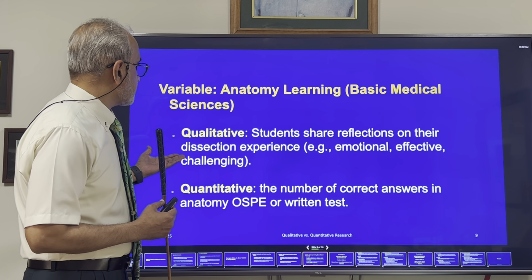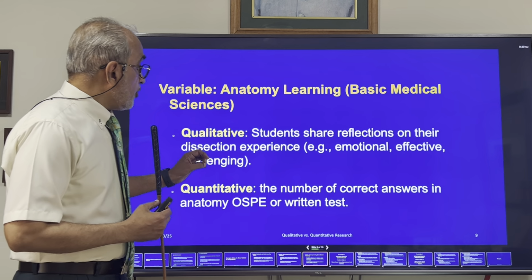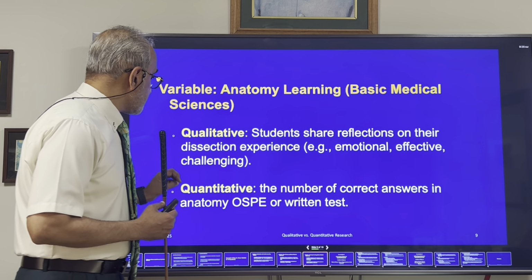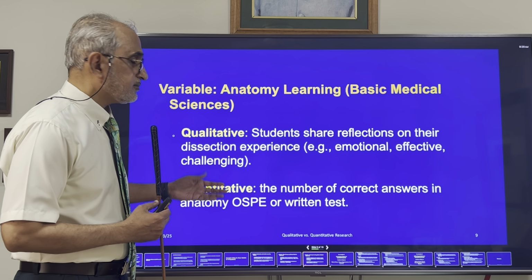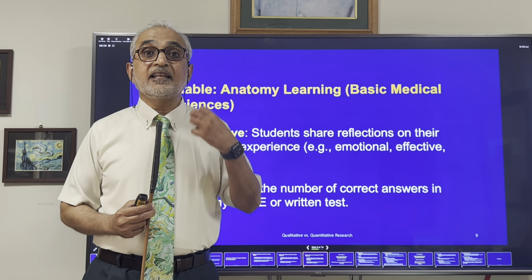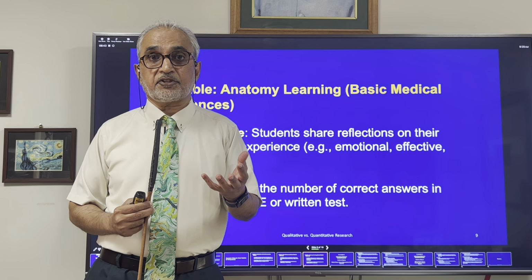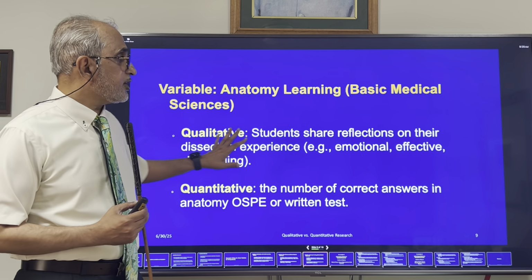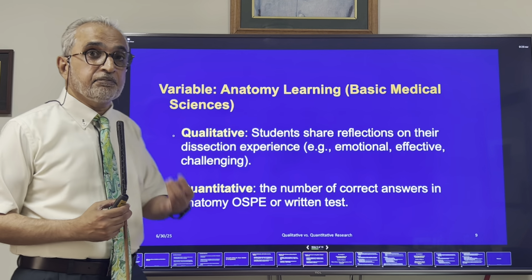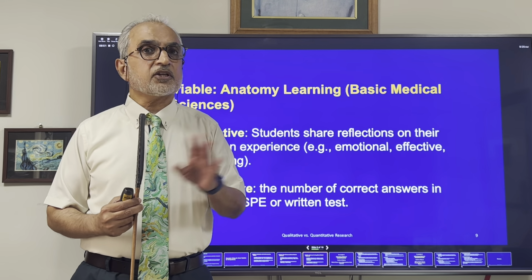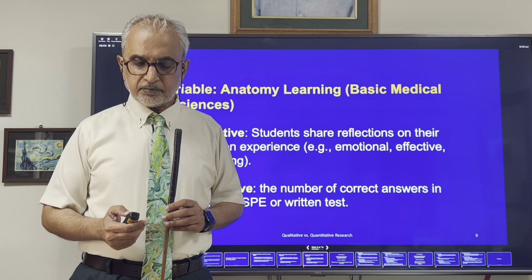We are talking about dissection in anatomy. Quantitative research could be the number of correct answers in anatomy, which could be an OSPE or written test. So they learned something by dissecting, which is done in anatomy, and qualitative research is about their opinion and feeling, while quantitative is in numbers, how much they understood. It's just to tell you the differences between qualitative and quantitative research.